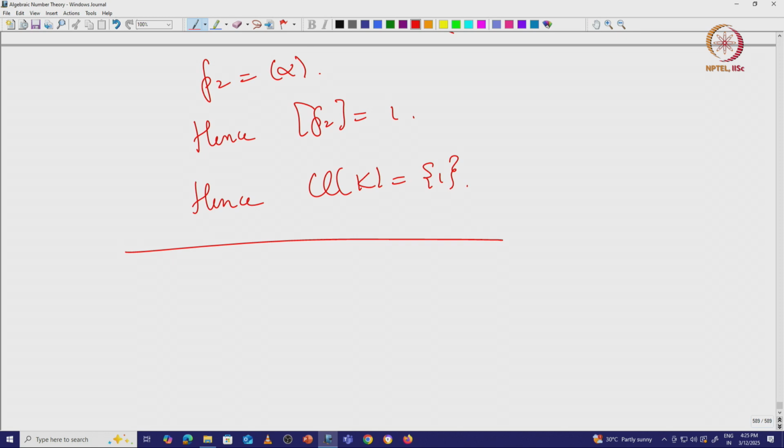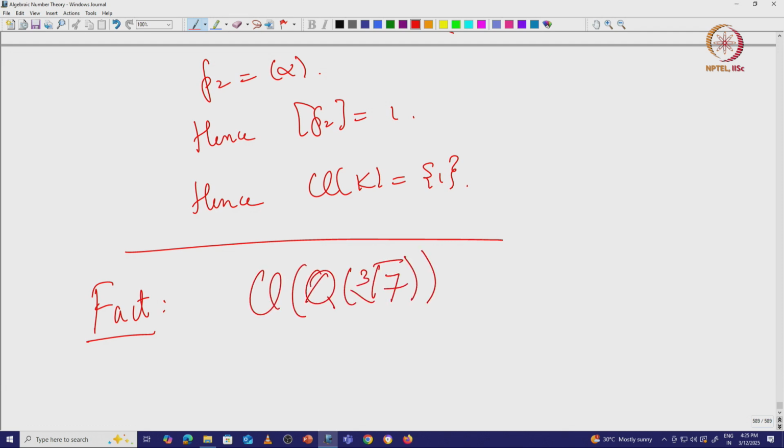So, we have seen two purely cubic fields with trivial ideal class groups. I am not going to compute for you an example of a purely cubic field with higher class number, and so I am just going to state the fact that if you take cube root of 7, then the class group is isomorphic to Z mod 3Z. The reason I am not going to do this for you is kind of simple.